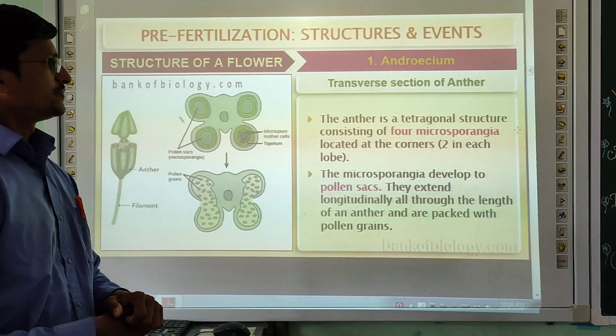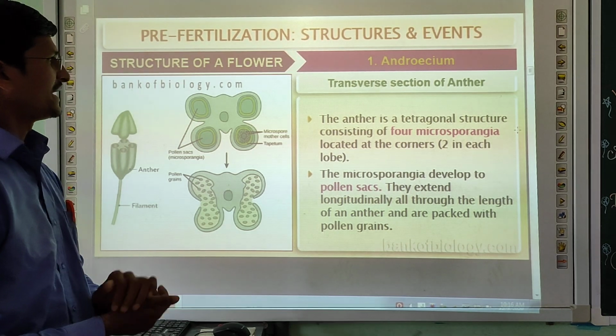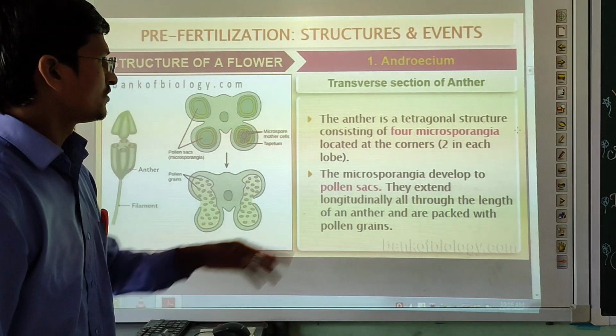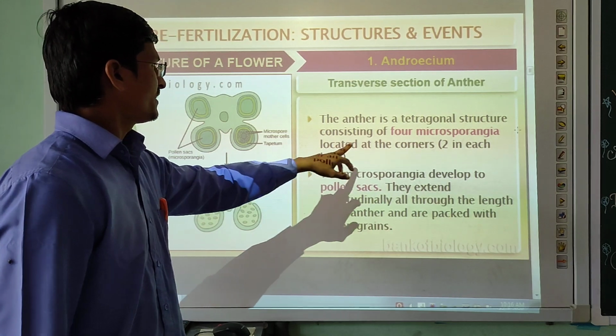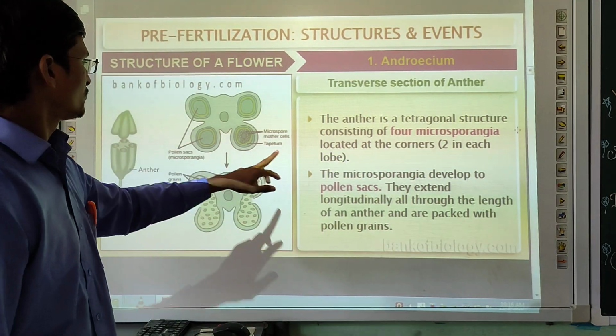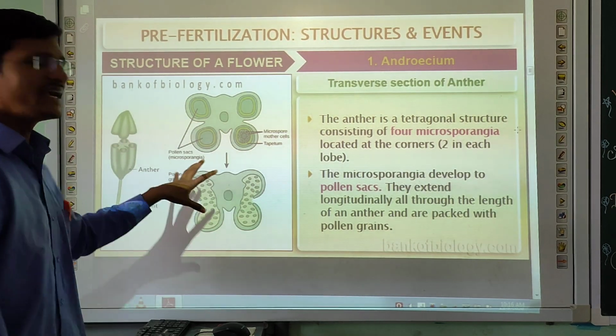Next, the structure of the androecium. Here the anther is a tetragonal structure consisting of 4 microsporangia located at the corners, 2 in each lobe. You can see the 4 lobes here, and inside there are pollen grains.